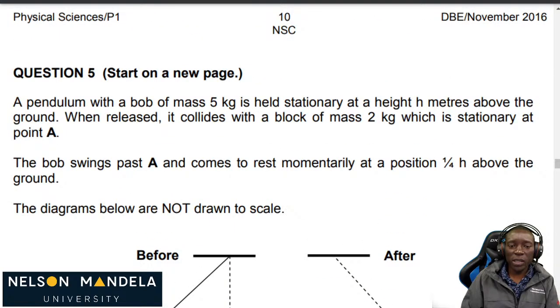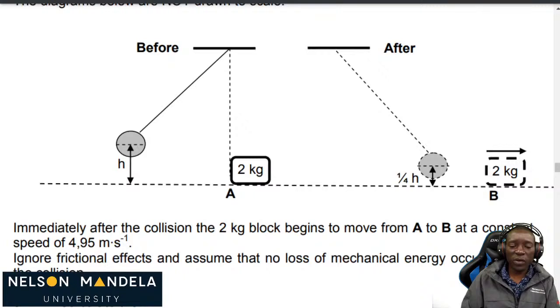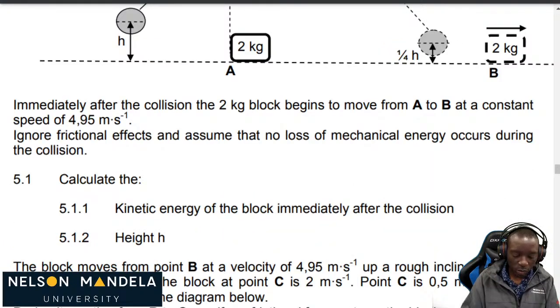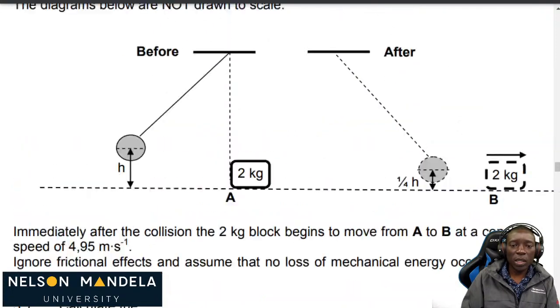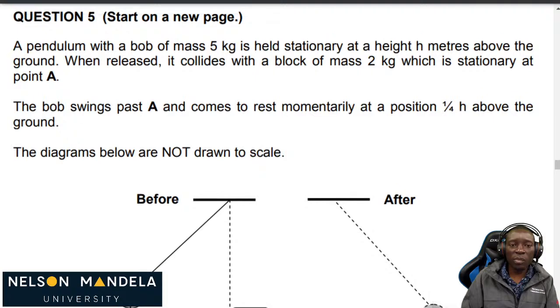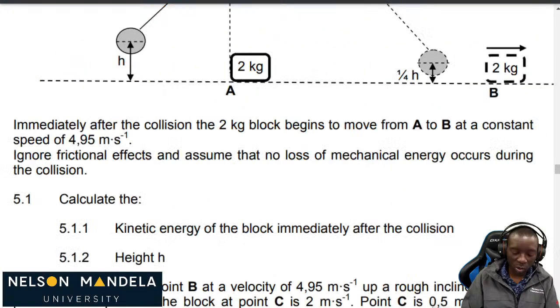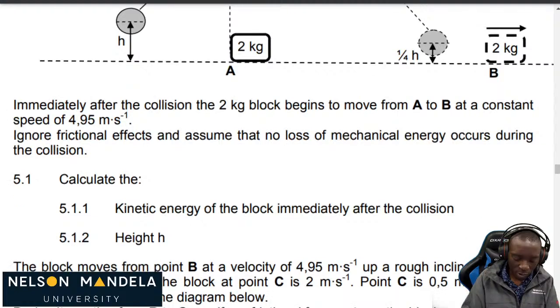The mass of the bob is 5 kg, but it's important though. We have a bob and we have a block, so we'll use small b for the bob. Mass of bob, 5 kg, though the bob is actually heavier than the block.